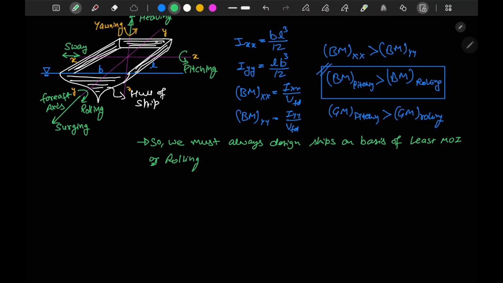If I make the design suitable for rolling, then it will automatically be stable in case of pitching, because if GM is positive in rolling, it will be more positive in pitching.